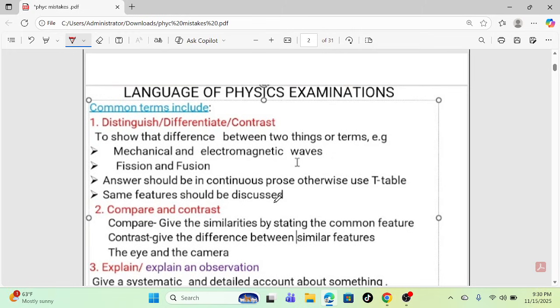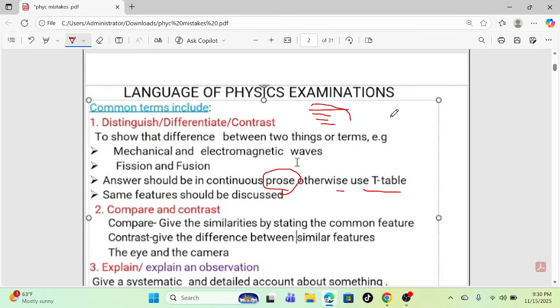The answer should be in continuous prose. This is the keyword. Otherwise use a T-table. Answer lazima iwe prose, yani kama paragraph tu, in paragraph form. Kama huwezi kutumia hiyo, tumia table.